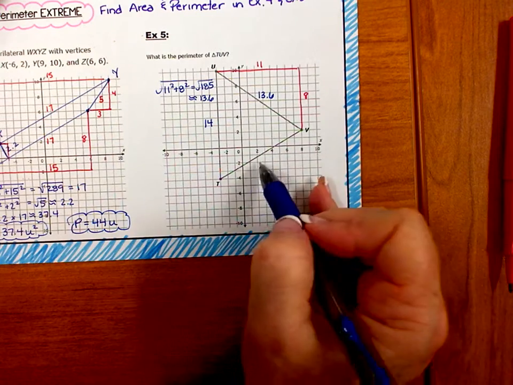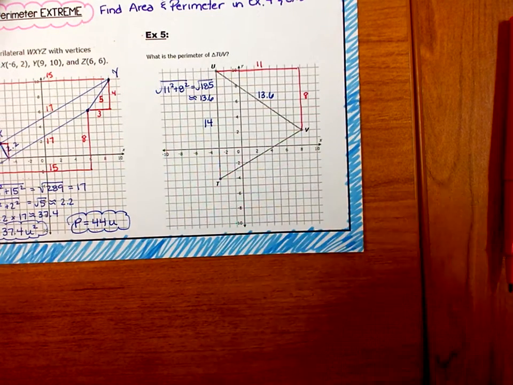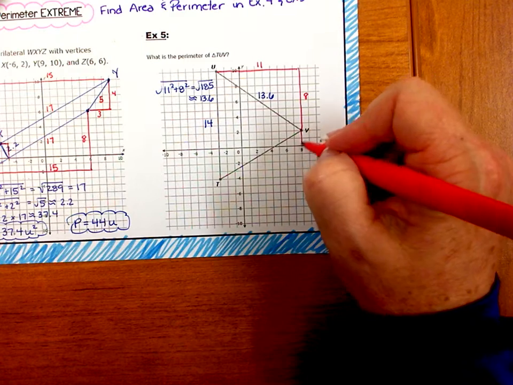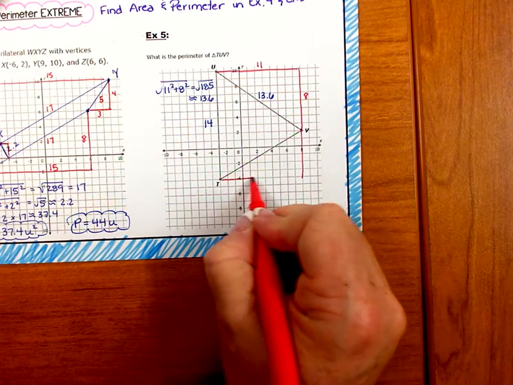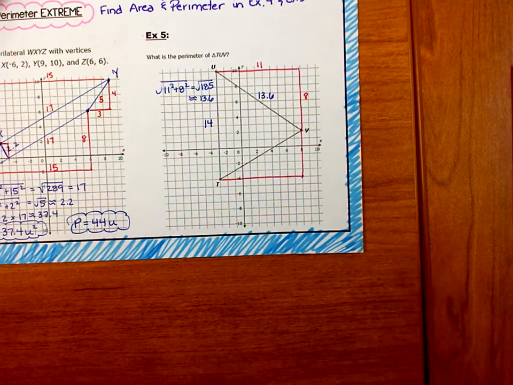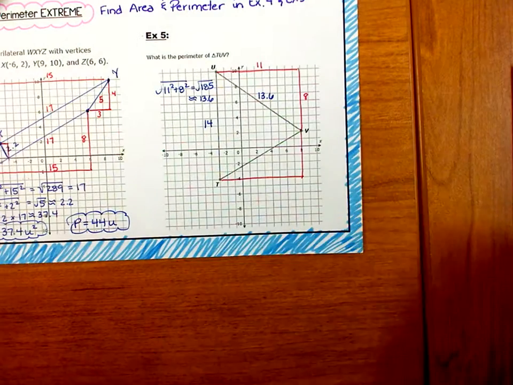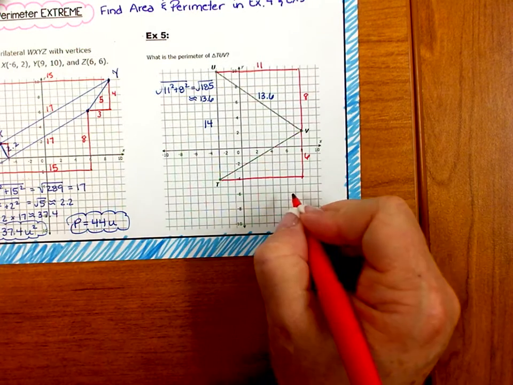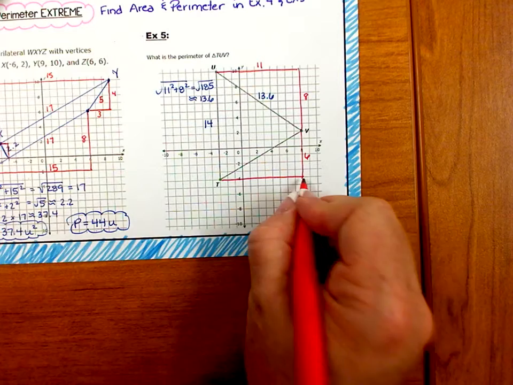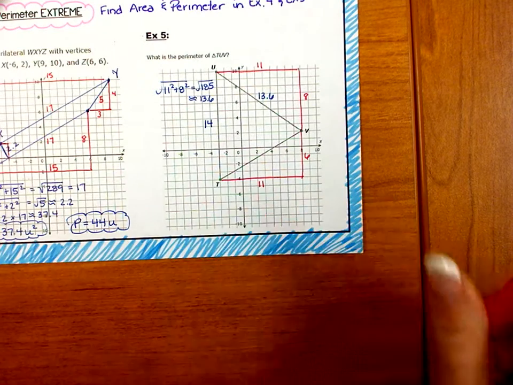All right, now to find this one, we're going to do the same thing. We're going to make another triangle. And if we count down, it's going to be about 6. And if we count over, it's going to be 11 like the other one was.